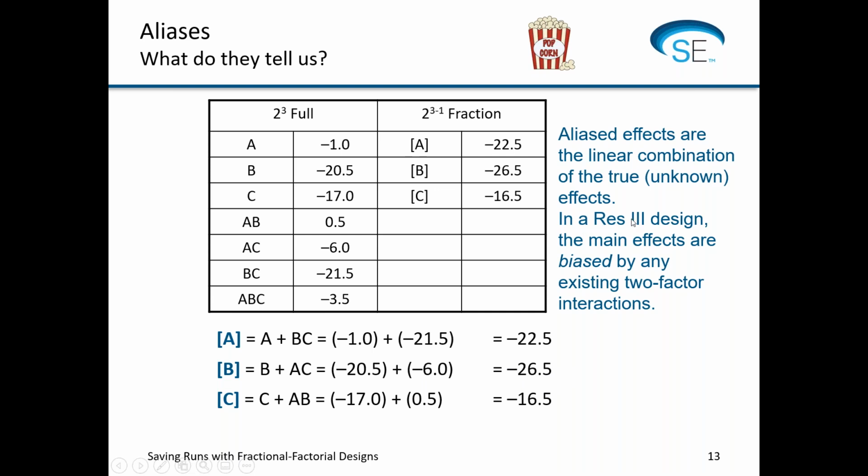So in a resolution 3 design, a red design, main effects are now biased by any existing two-factor interactions. So, you know, this is not a good situation to be in. We want main effects to be not biased by two-factor interactions. So that's why this is a red design, and we generally don't recommend using these for screening designs.